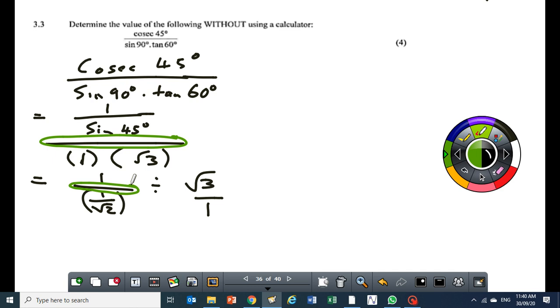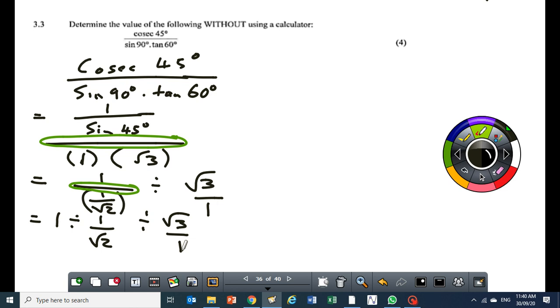But for now, I'm not going to touch it. Then the next step here is going to be 1 divided by 1 over square root of 2 divided by square root of 3 over 1. Now here, you can have 1 over 1 times square root of 2 over 1.